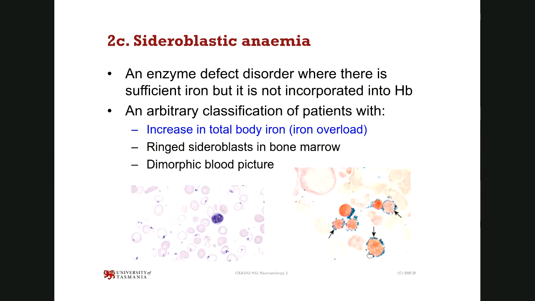Mitochondria in cells tend to accumulate around the nucleus. Certainly they do in this instance. And so because they're full of iron and we're staining the iron, we get this ring of iron around the nucleus. And these cells, these macrophages, are termed ringed sideroblasts because these iron granules are known as siderotic granules. And so that's why they're called ringed sideroblasts.